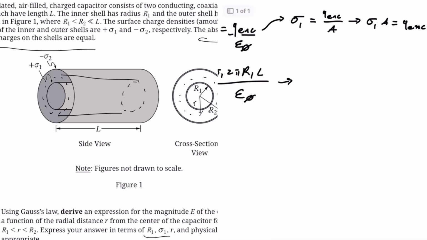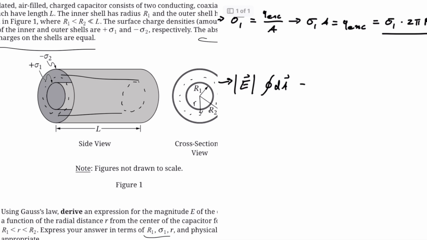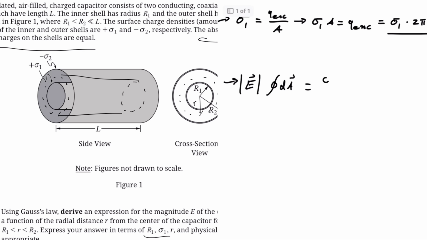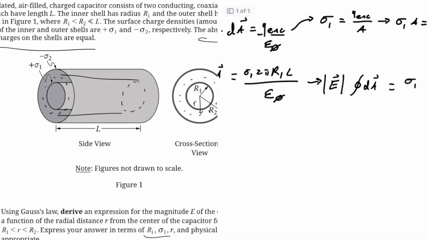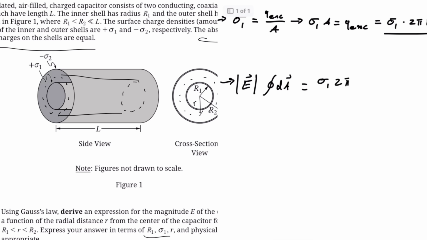Well, we can pull the E out of the integral, because the electric field would be constant for all points at a given r. It is changing as a function of r, but when we look at a single r, it's not changing. So that's why I can pull that out.